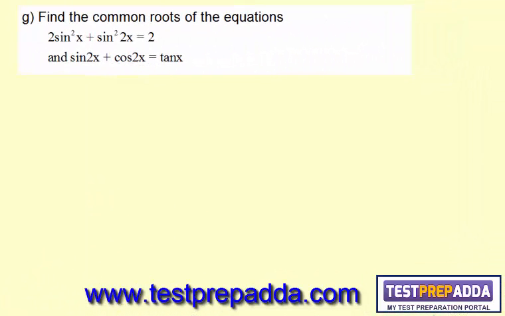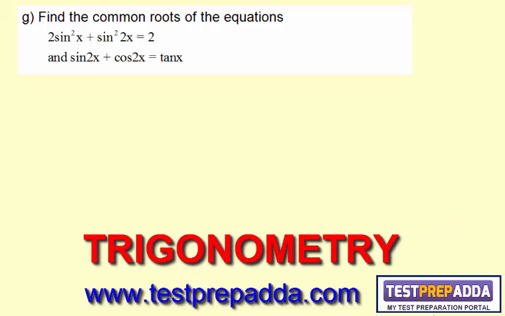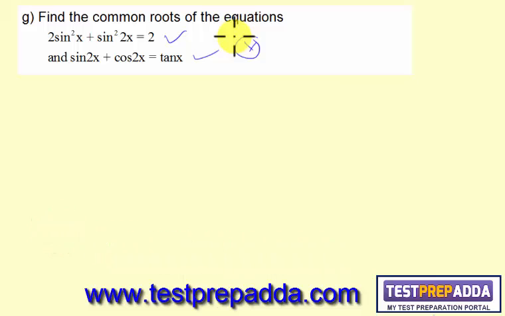Here the question says, find the common roots of the equations 2 sine square x plus sine square 2x is equal to 2 and sine 2x plus cos 2x is equal to tan x. You can clearly see here the two equations are given, but the only variable is x. Okay, so how to approach here?